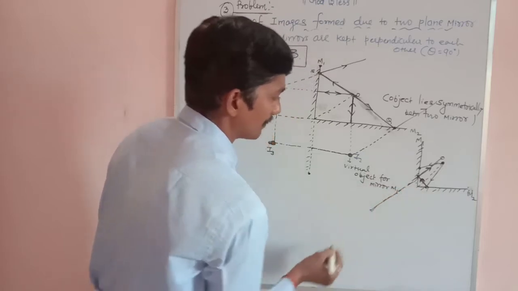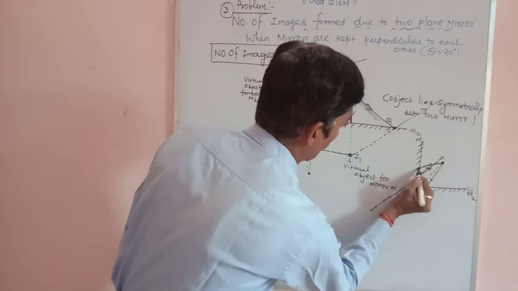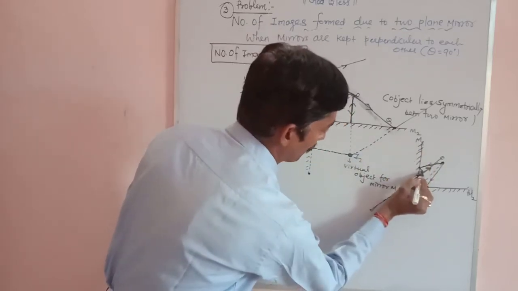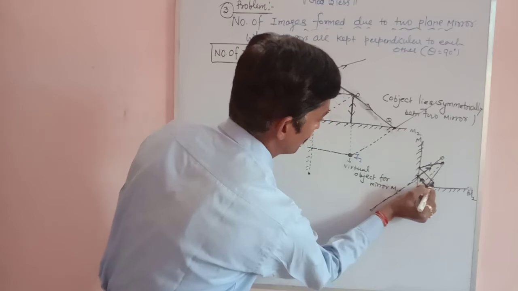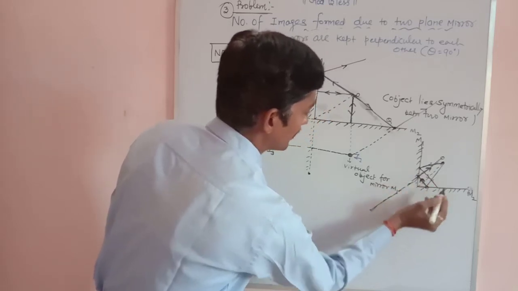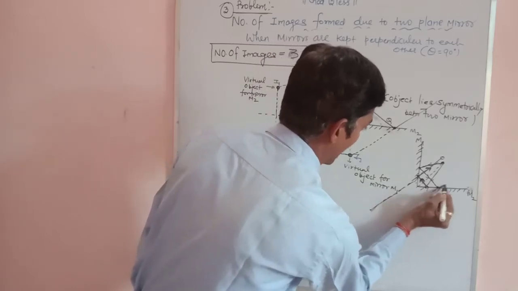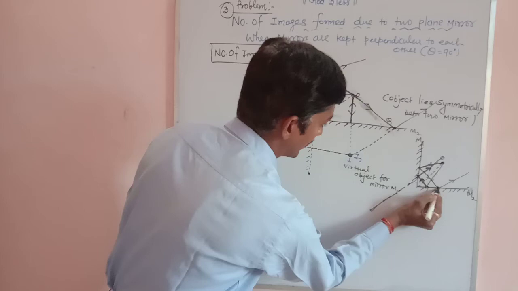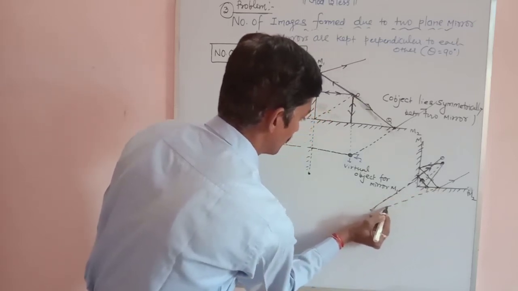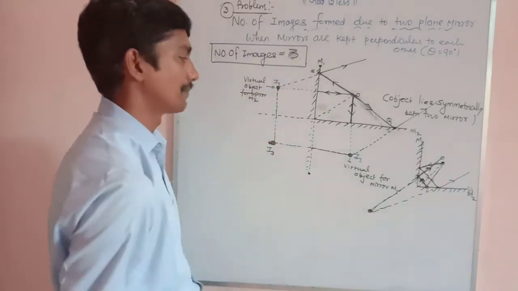You can see. Similarly, say another ray is incident here at M1, and it will be reflected here like this. From here it is incident here, and from here it is reflected like this, which moves further, and they meet at this point.